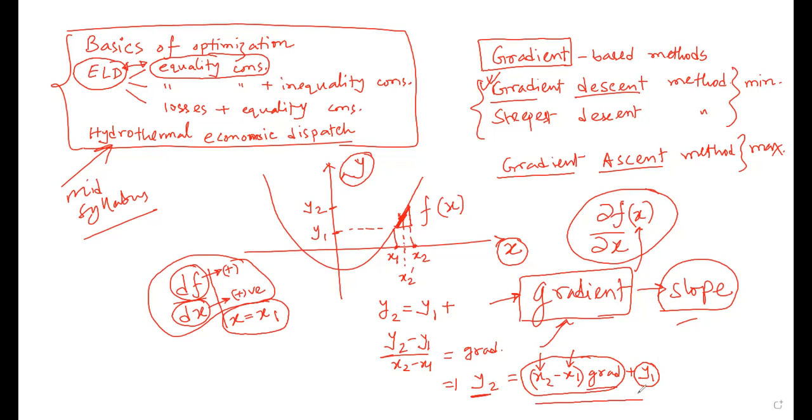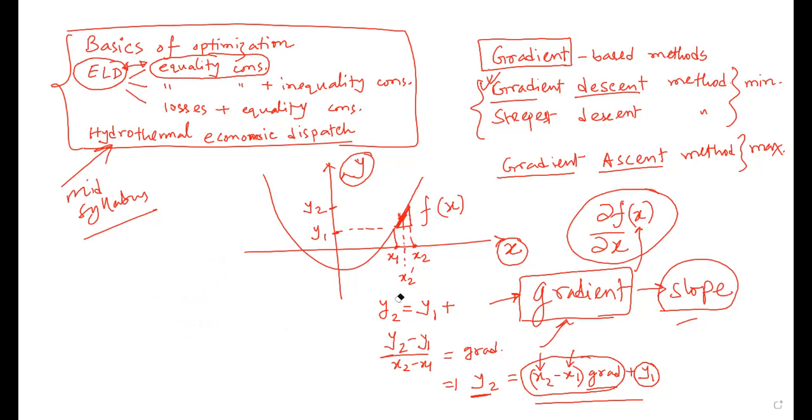Okay. Because the gradient is positive, x2 is at a higher value than x1 as shown from the figure. So it is expected that y2 should be at some higher value than y1. Got it? Yes, sir. Very easily, y2 is a higher value than y1.